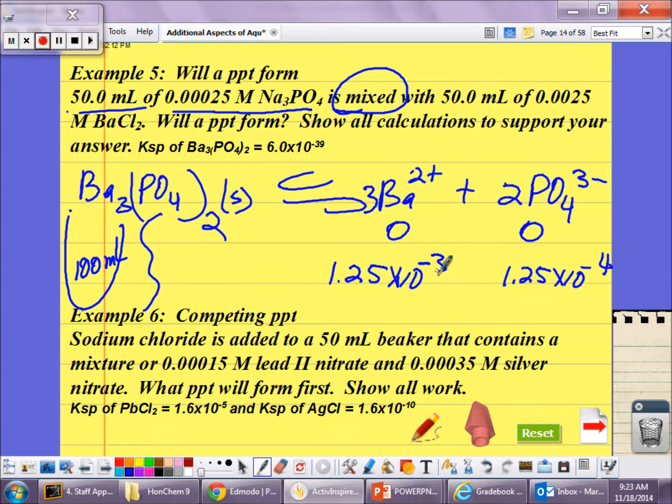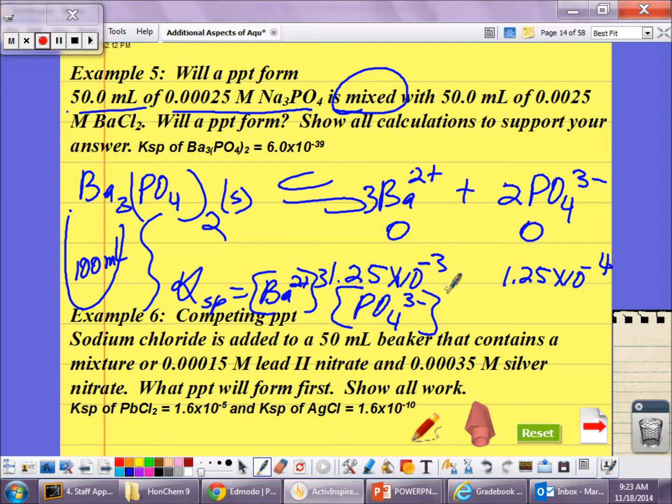Now we need to find Q. Okay, QSP. Remember I said you need to write the expression first. The expression is the concentration of barium ion to the third power times the concentration of phosphate, PO4 3-, to the second power, and then plug in the numbers.